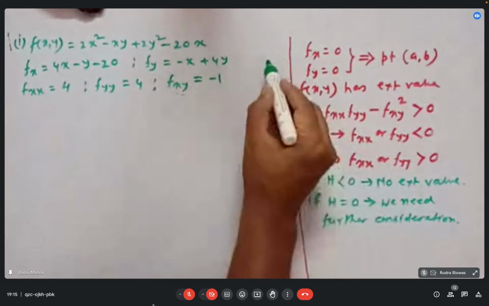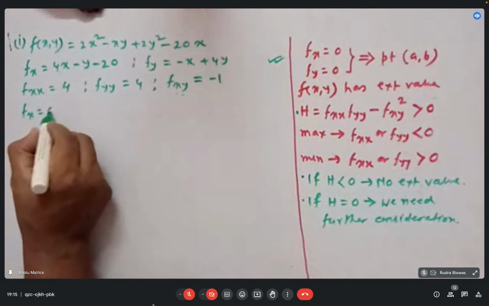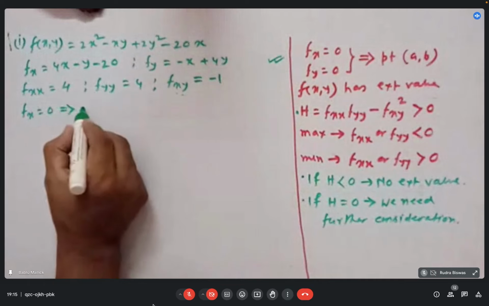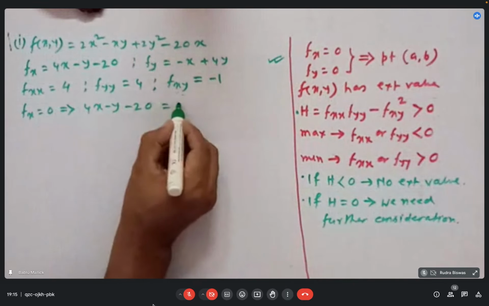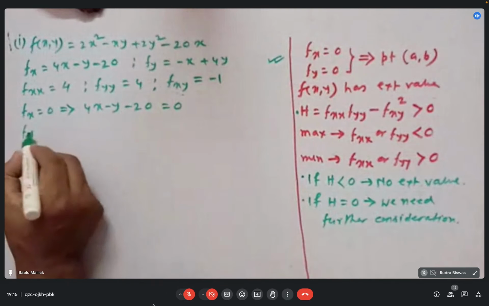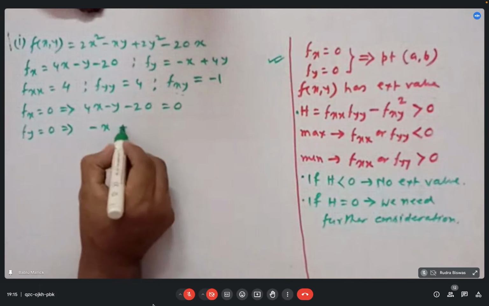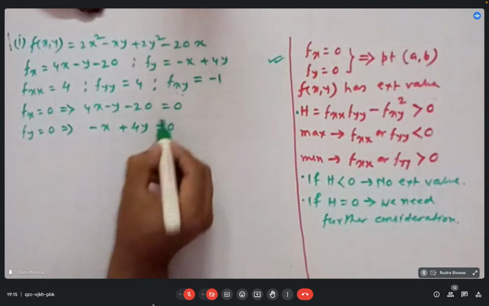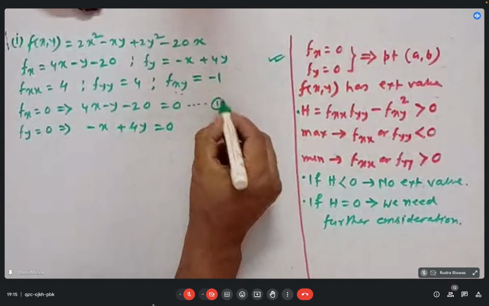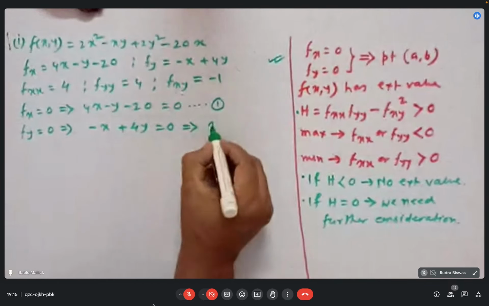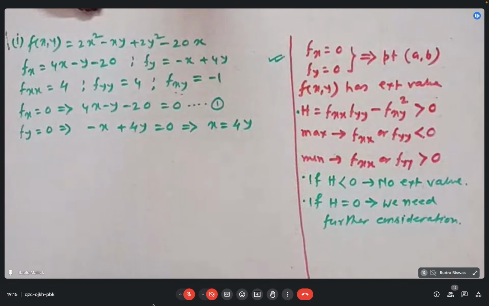Now we shall consider these two equations. So fx is equal to 0 gives you 4x minus y minus 20 is equal to 0, and fy is equal to 0 gives you minus x plus 4y is equal to 0. This is number 1. So from here we get x is equal to 4y.